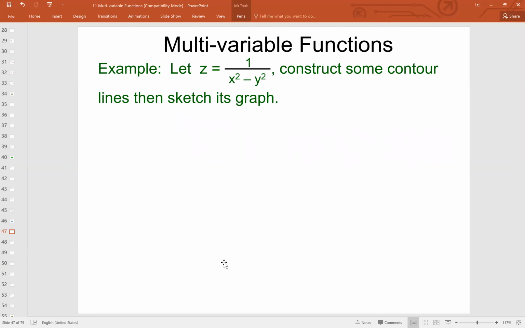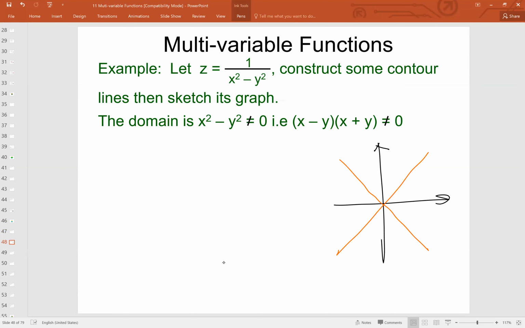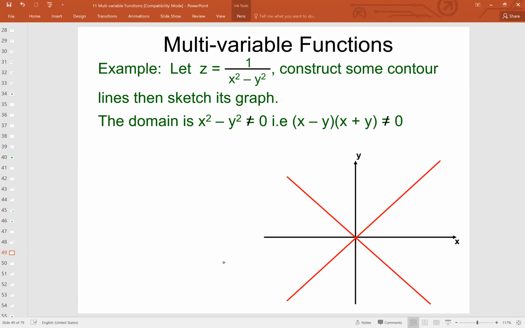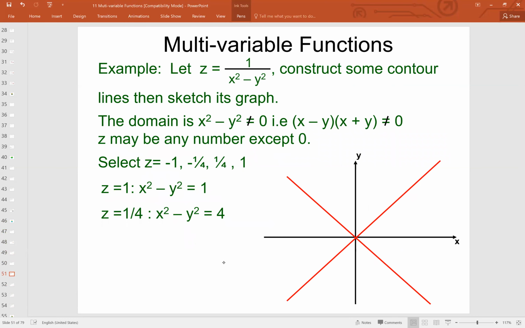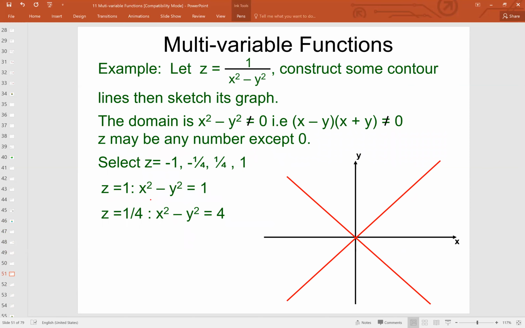How about these? In a similar fashion to the way we deal with these problems where we get a bunch of circles, in this one, when we do the algebra and set z equal to different constants, we find we are getting equations of hyperbolas.